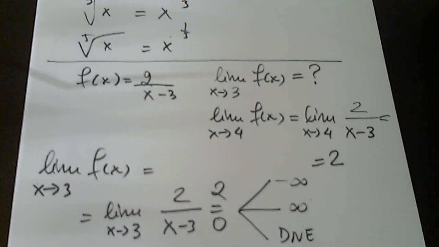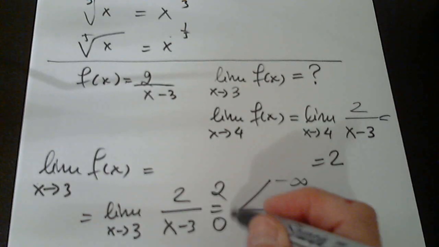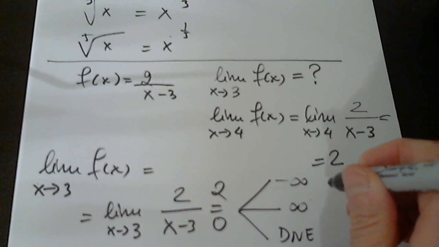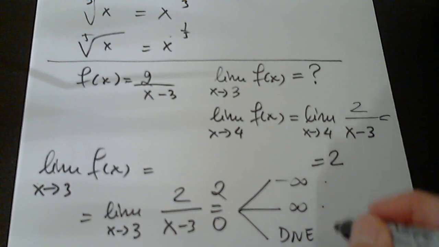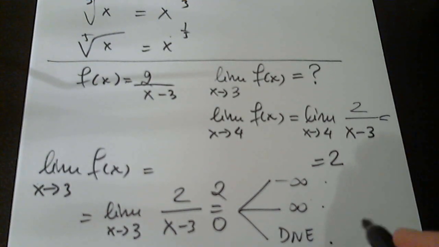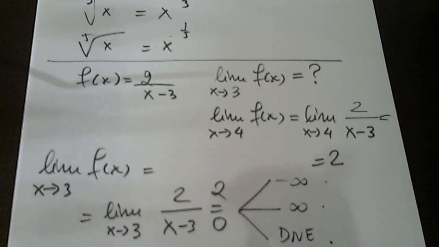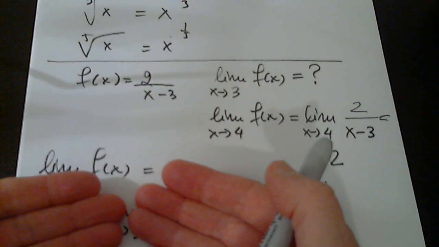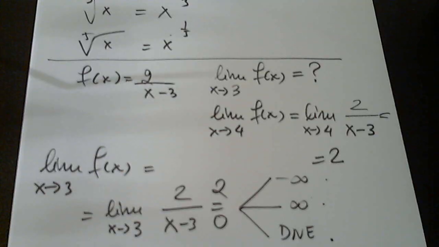I cannot make a conclusion. I only know that I don't know which one it is. Because this is the limit from either side, I am forced to determine the limit from the left and then the limit from the right, and then draw a conclusion.